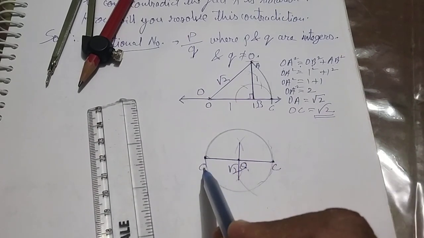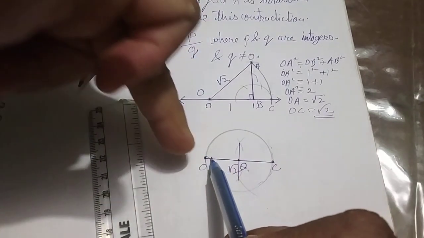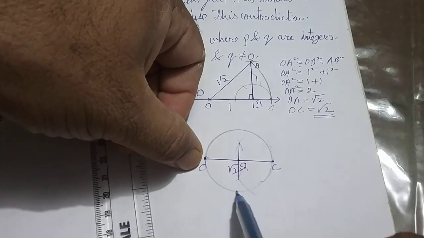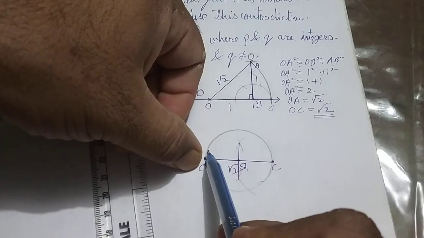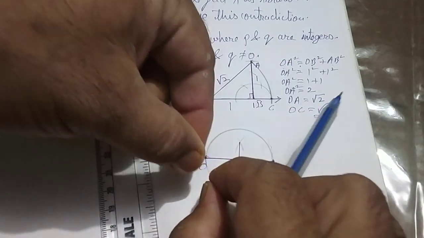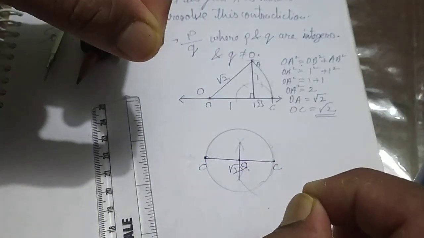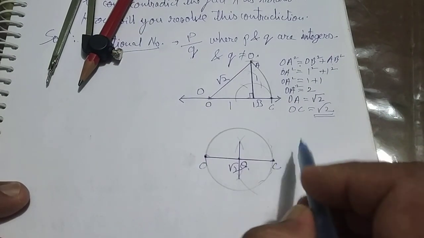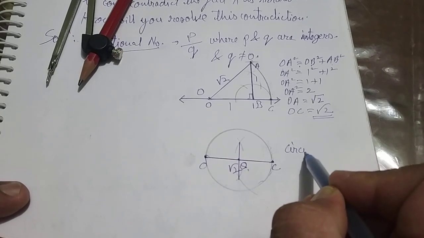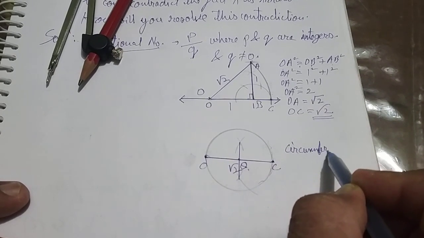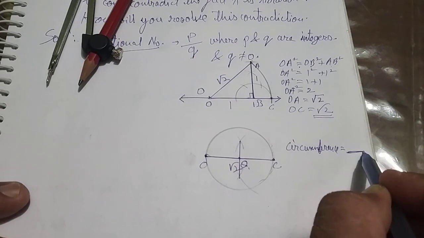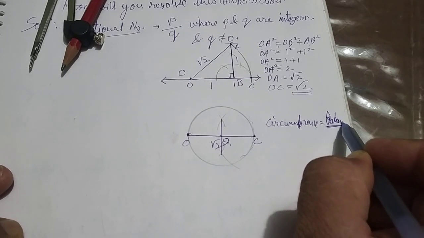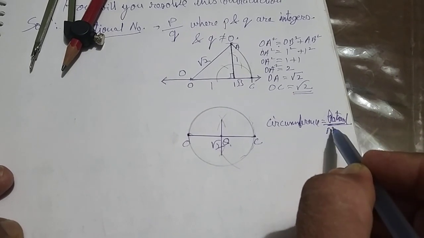You can measure this circumference also. How could we measure circumference? Put a thread over this circumference, and till this point it will just overlap this circle, and then hold that thread and measure it on the scale. You will find that the circumference is coming in some rational number. It could be any decimal number, but it will be a rational number.